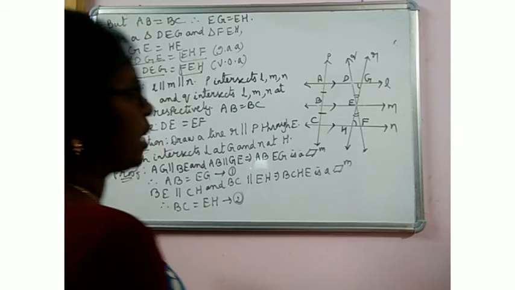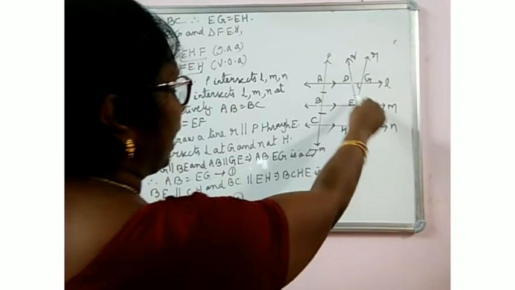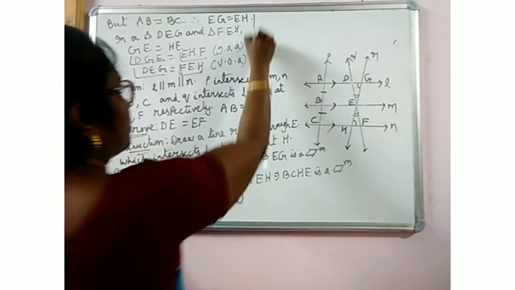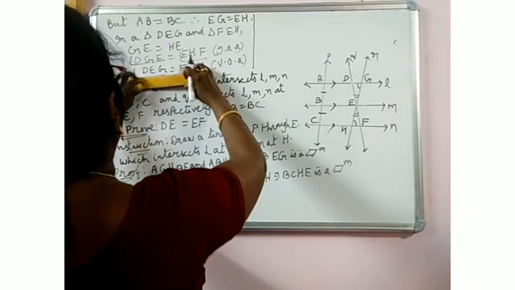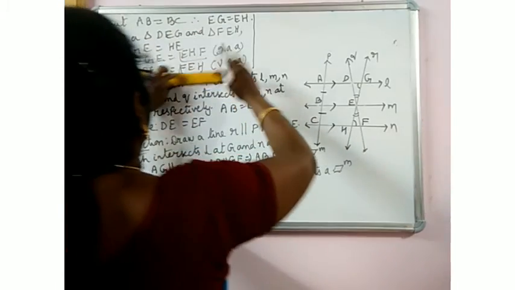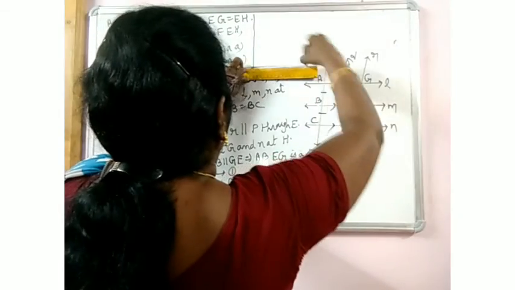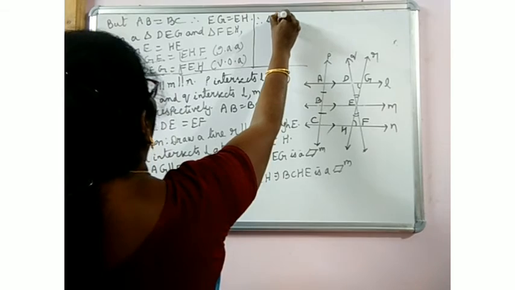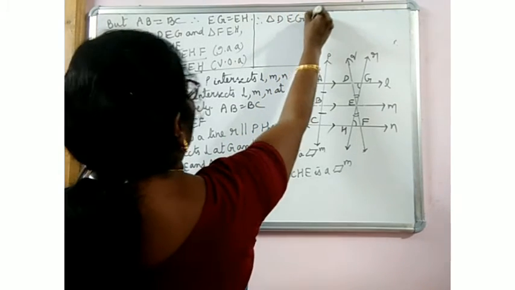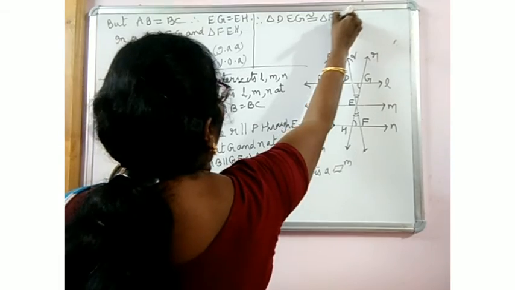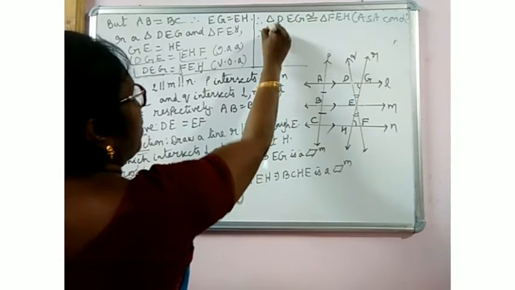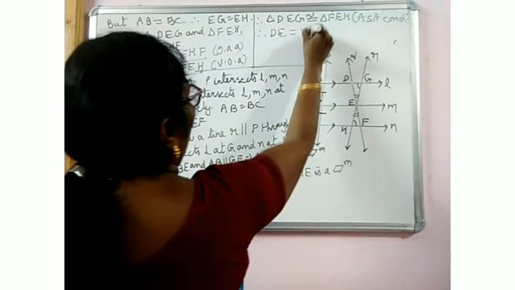Because of this, triangle DEZ is congruent to triangle FEH under the ASA condition. Since they are congruent, by CPCTC, DE is equal to EF.